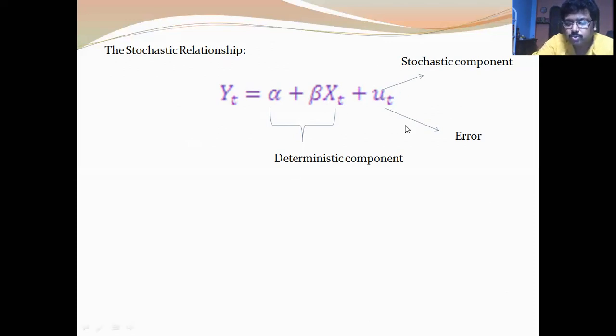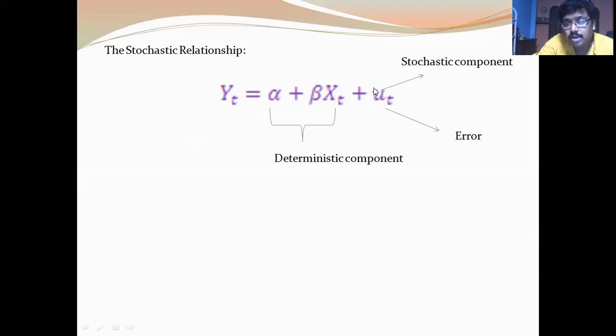This term ut represents the unpredictable element of randomness in human responses. Understand? Human responses are unpredictable. It is considered in this relationship by ut.